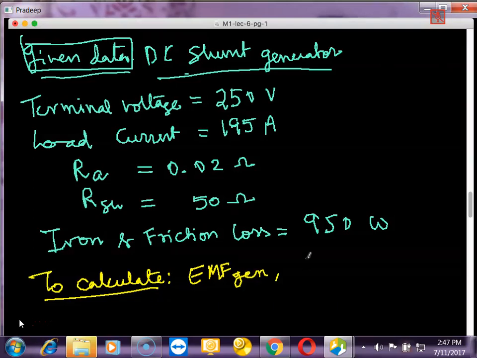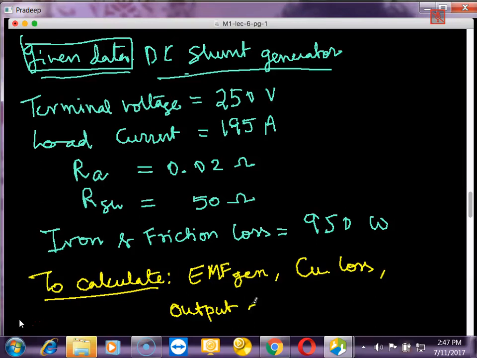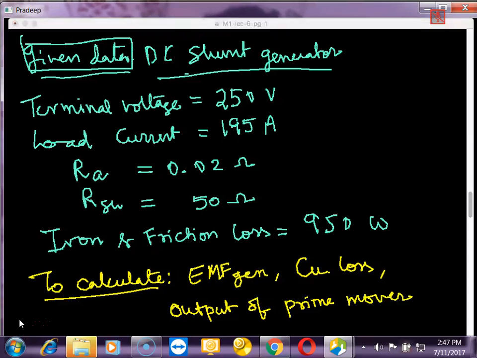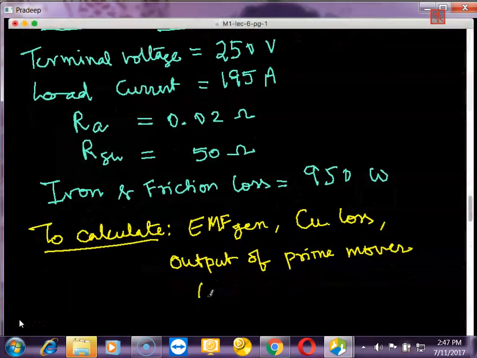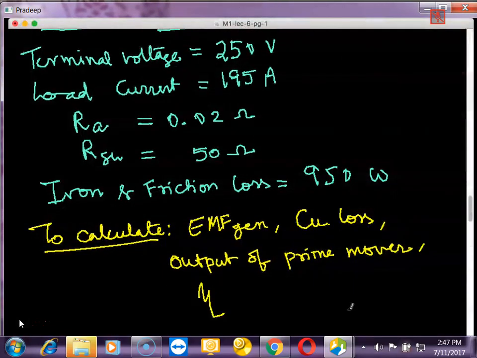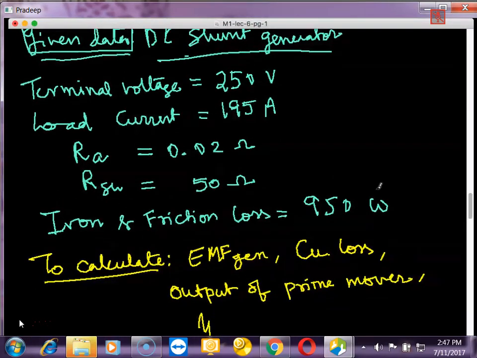So I'll write Cu loss, which is copper loss, and then output of prime mover. What is output of prime mover? Nothing but input to the DC machine. And we want to find out the efficiency of the machine. So these are the things I want to find out. Can you work out how it is done?